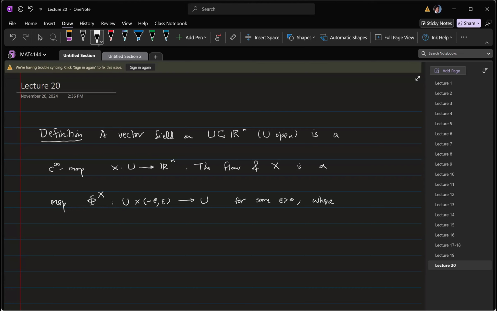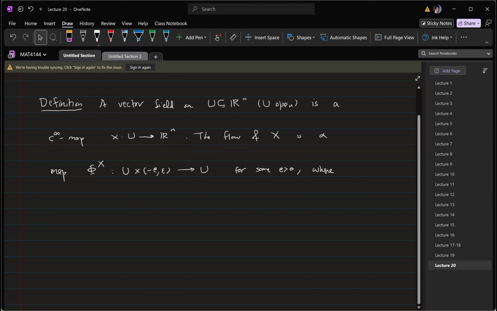So I assume this flow is this map phi upper X from U cross the interval minus epsilon to epsilon to U, which is a trajectory whose velocity is given by the vector field X. So this means that at time 0 and any point P, I get P for any P in U.